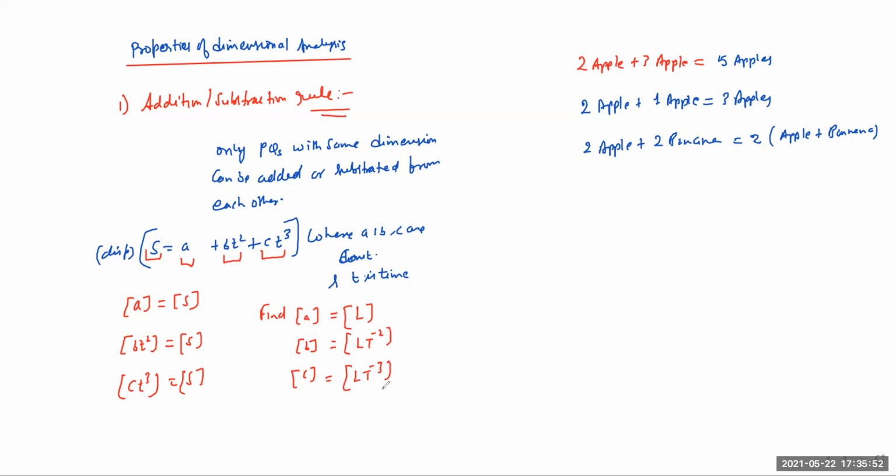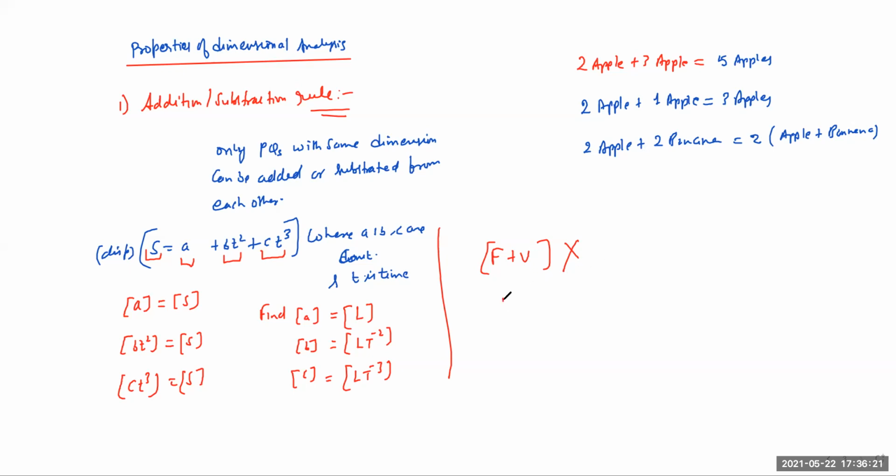So have you guys understood this part? This is not very difficult. So the rule is obvious that you can add and subtract something which are having same dimension. You cannot add something which is having a different dimension. So for example, if I ask you, can we add force with velocity? The answer is no, because dimensionally they are totally different, so such addition will never take place.